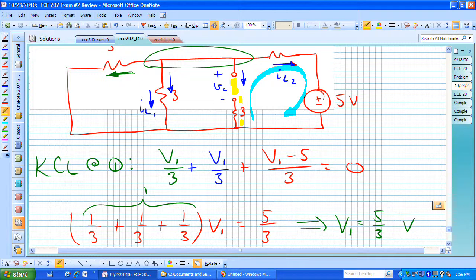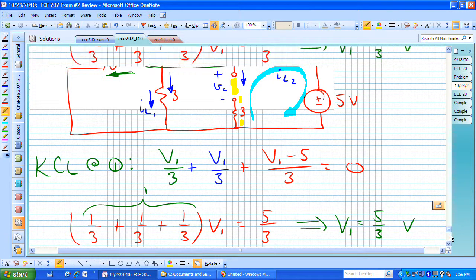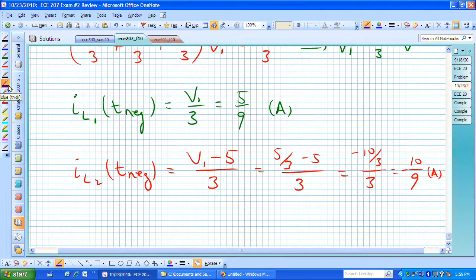Since there's no current flowing through that resistor because of the open circuit, we have 0. Then we have minus V sub C.